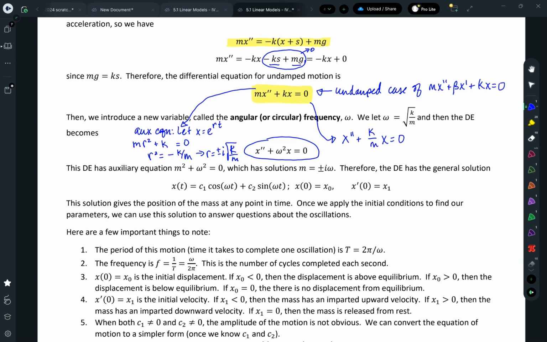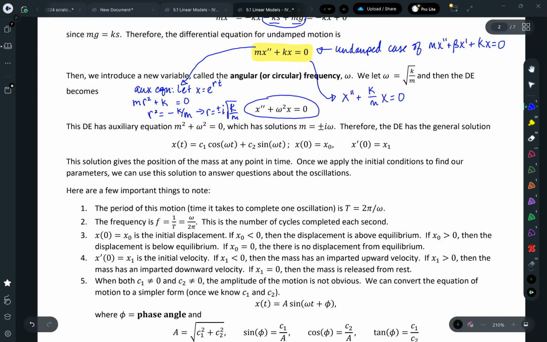The roots that we get, what they call the omega, m is equal to plus or minus i omega. That omega value, that's like the multiplier that we put into the angles of the cosine and the sine, because we have these complex solutions to the auxiliary equation. But omega is just the square root of k over m, and we would have got that anyway. They're equal.